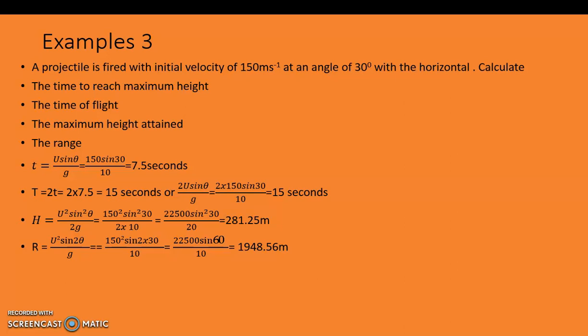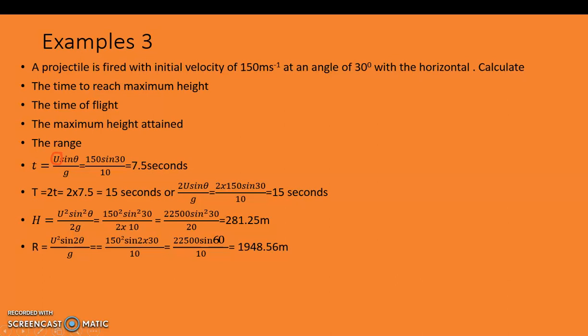Since you have the formula, you just plug in the values and you get your answer. Now for this question, our angle of projection is 30 and our initial velocity is 150. So when I plug in 150 and 30 for the angle, we will get 7.5 seconds, if we take g to be approximately 10.